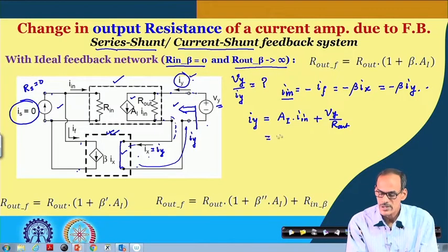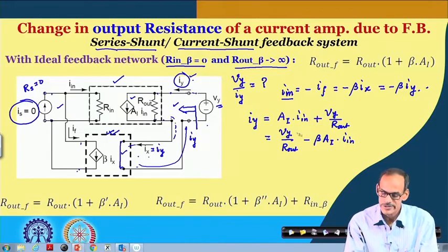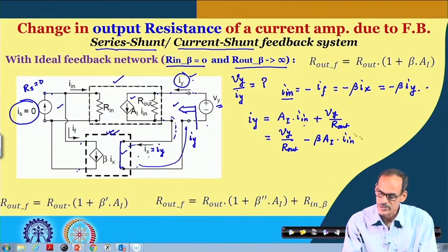So, I y is V y divided by R out minus beta into A I into I in, and this I in is actually minus beta into I y, so it becomes beta into A I into I y.